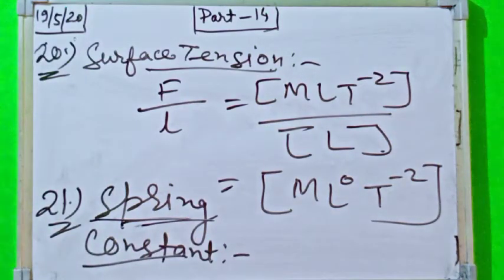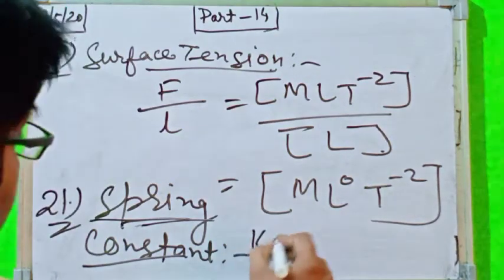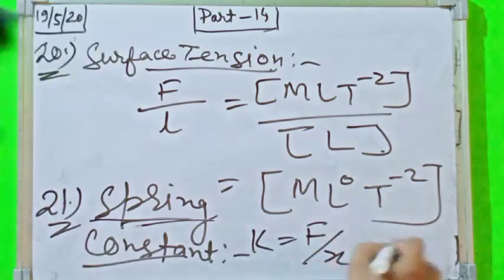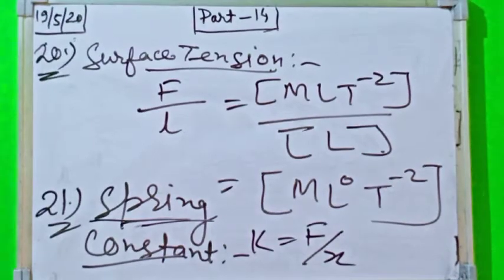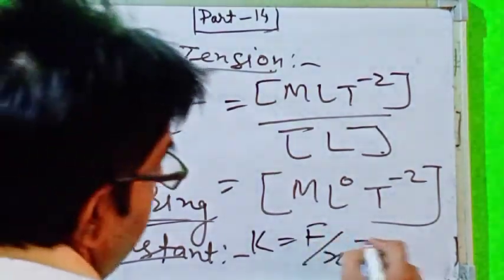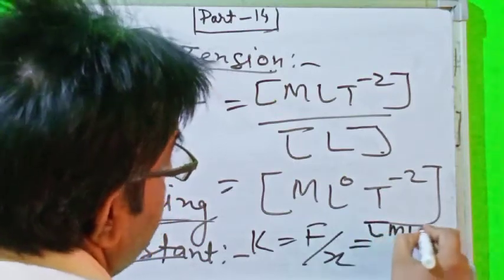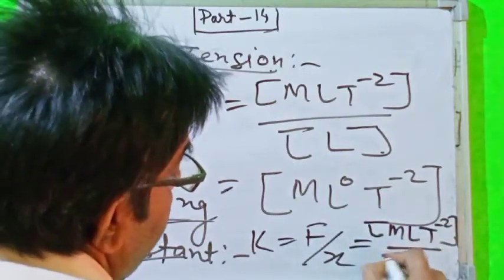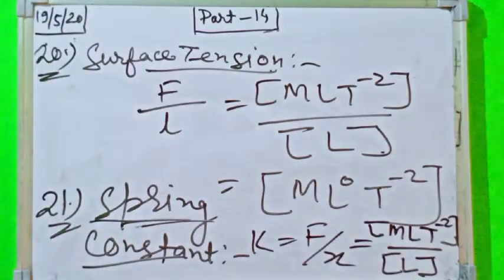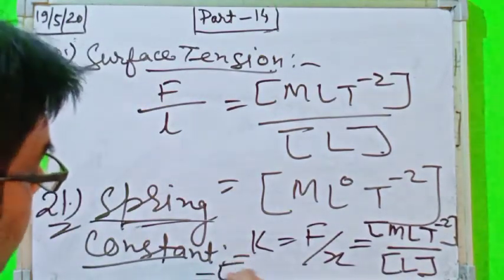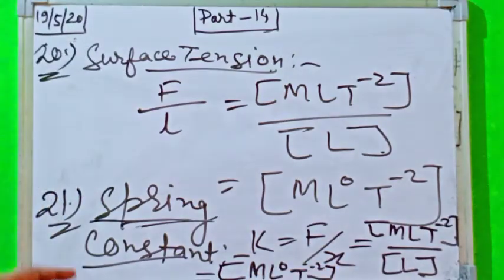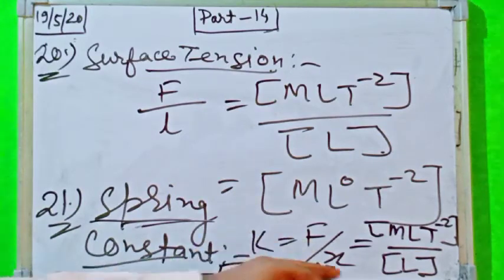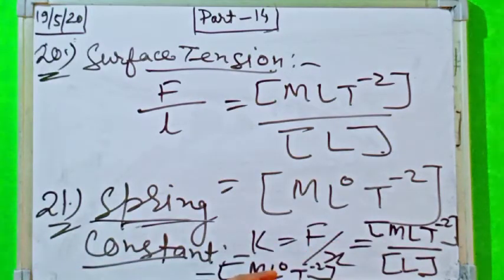The formula for spring constant K is equal to F upon X. So you can write it as M L T^-2 upon L, and it will give you the same M L0 T^-2.